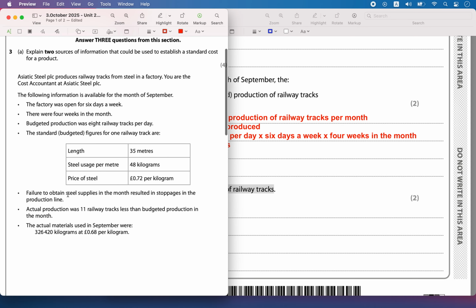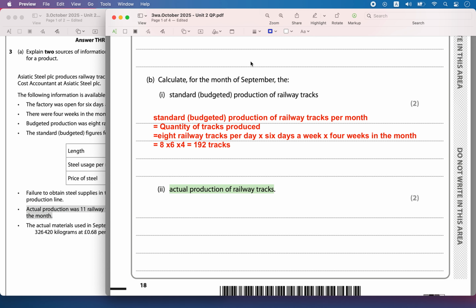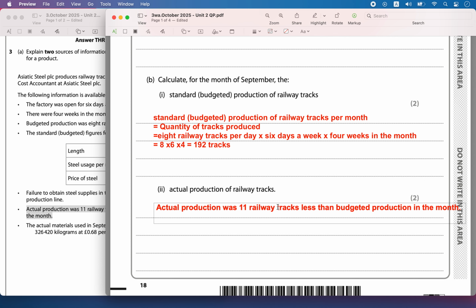Let's check the actual production of the railway tracks. Here it says that actual production was 11 railway tracks less than the budgeted production for the month. So let's write that.